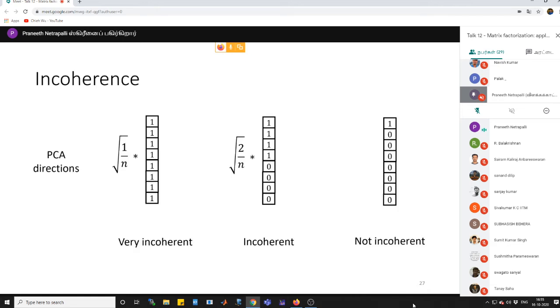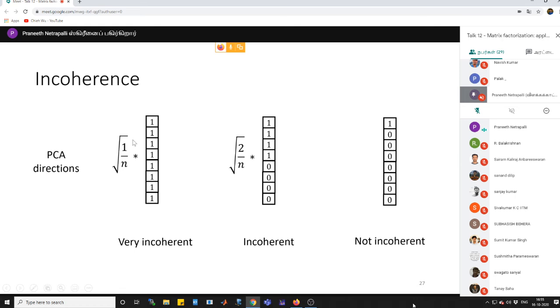So for example, if the PCA directions are like all ones, then it's very incoherent. But if the PCA direction is somewhat sparse, it only has non-zeros in like half of the entries, then it's somewhat incoherent. And if it's very closely aligned with the standard basis vector, then it's not at all incoherent, right?